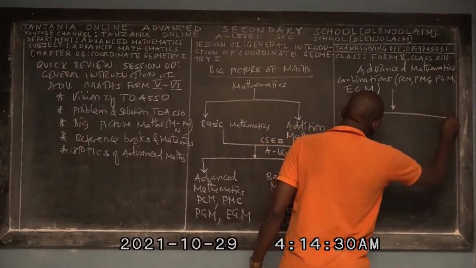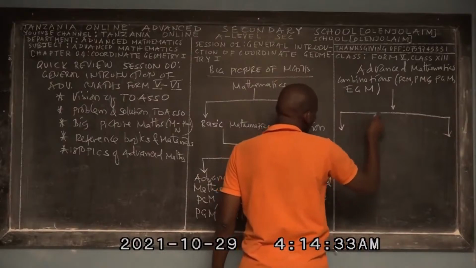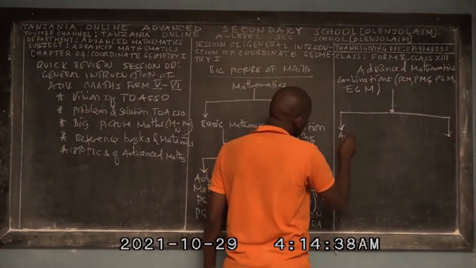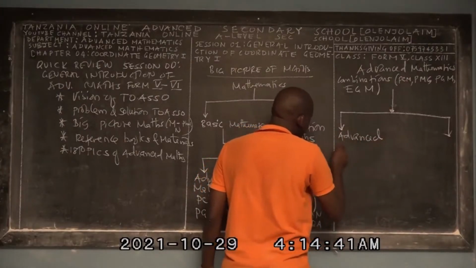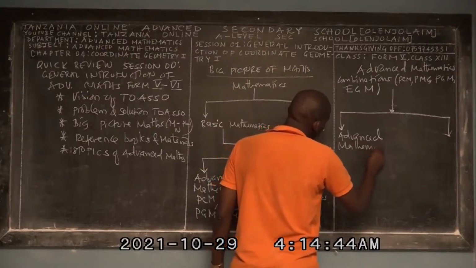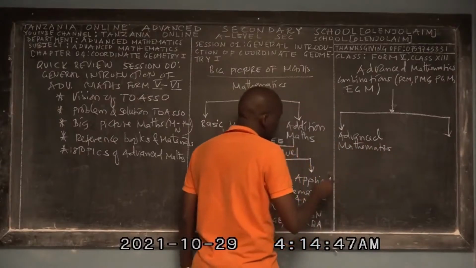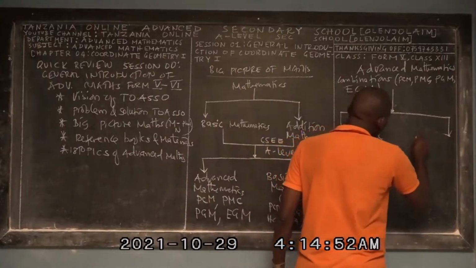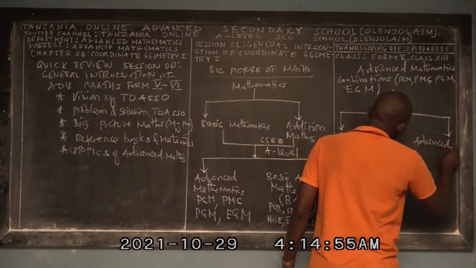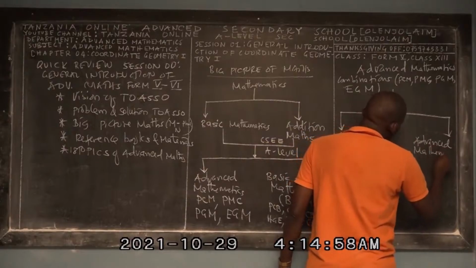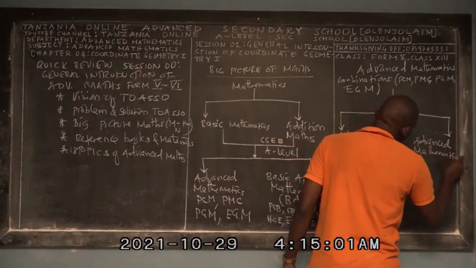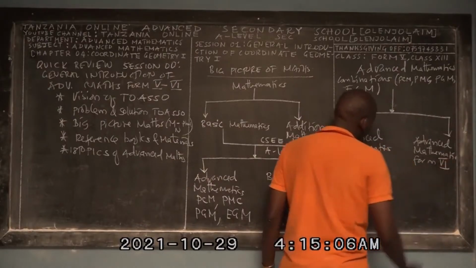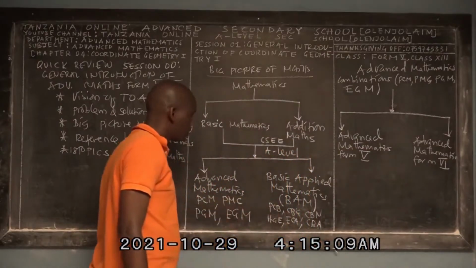One of the subjects is the one that we are teaching, but we are also teaching the second subject. So here we have advanced mathematics for Form 5, or class 13. We also have another subject, advanced mathematics Form 6.